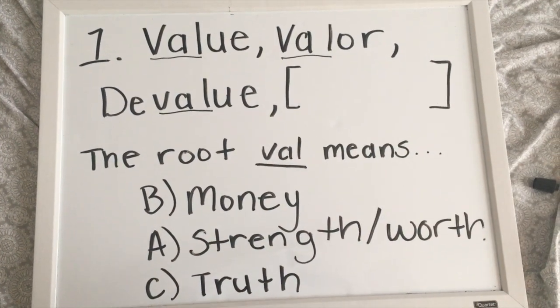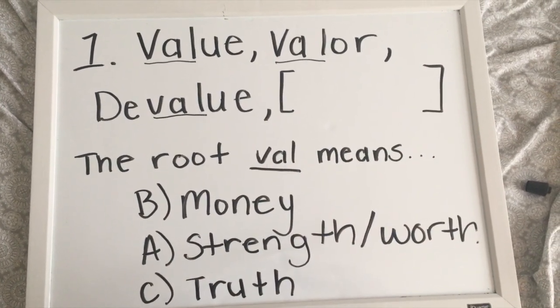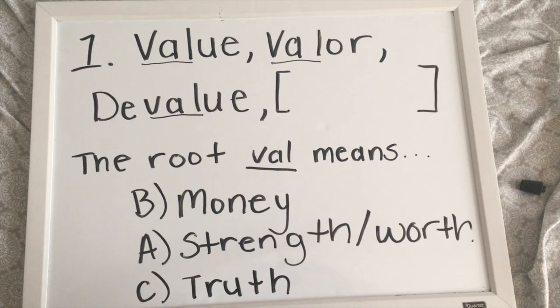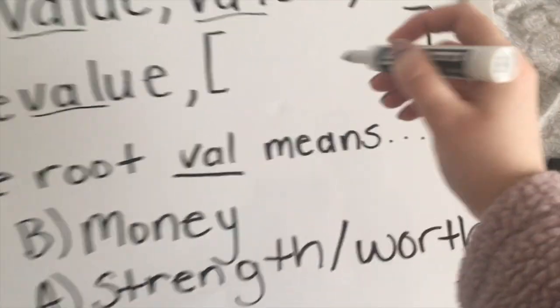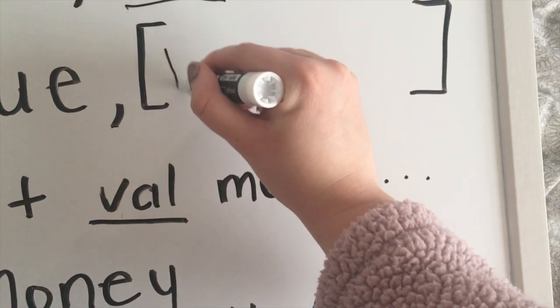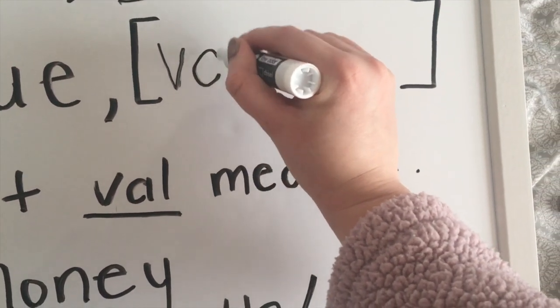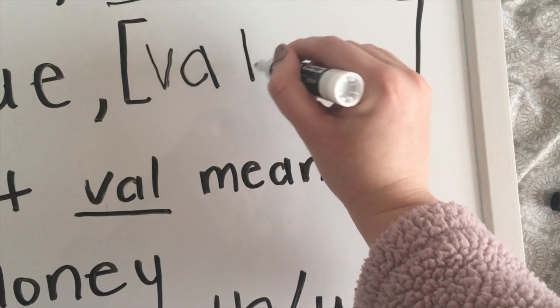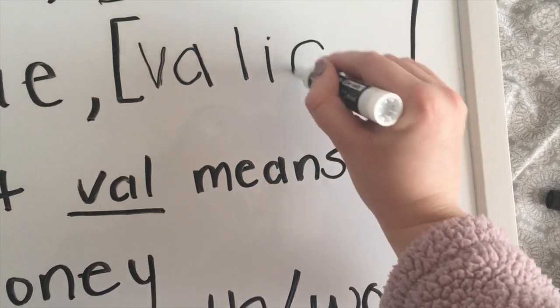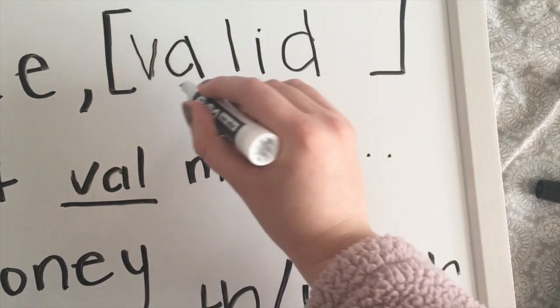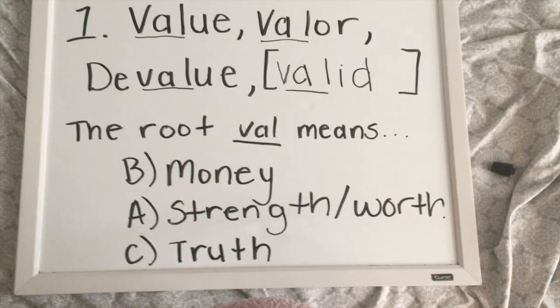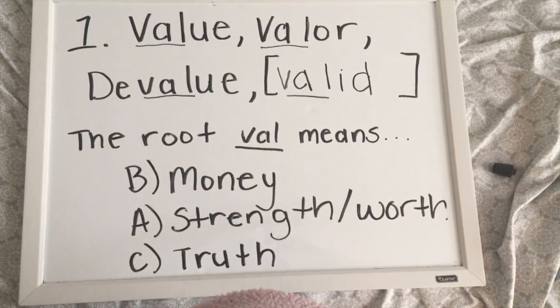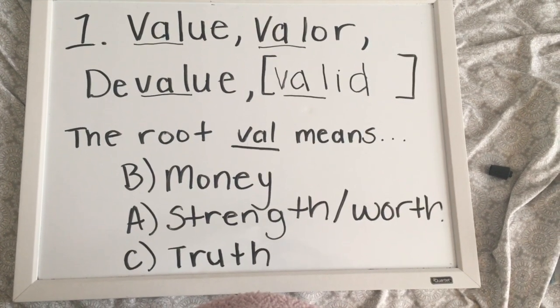Now, the word that we'll come up with, does anyone have any suggestions? Yes, perfect, awesome. So we will put the word val. Valid. Good. When we check the validity, or if a source is valid, what are we checking for?